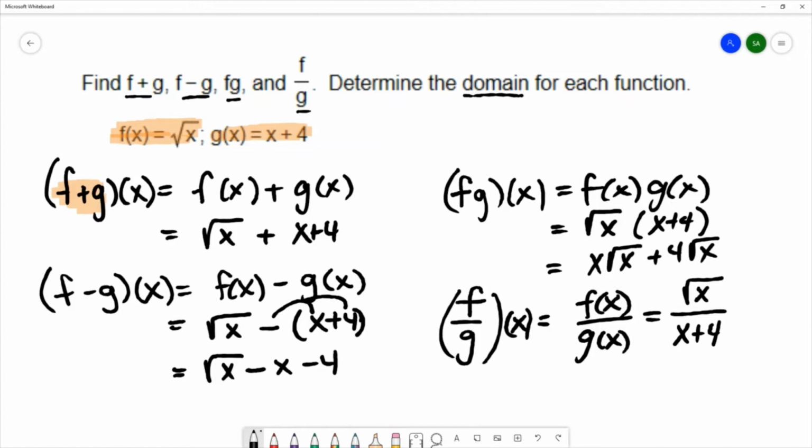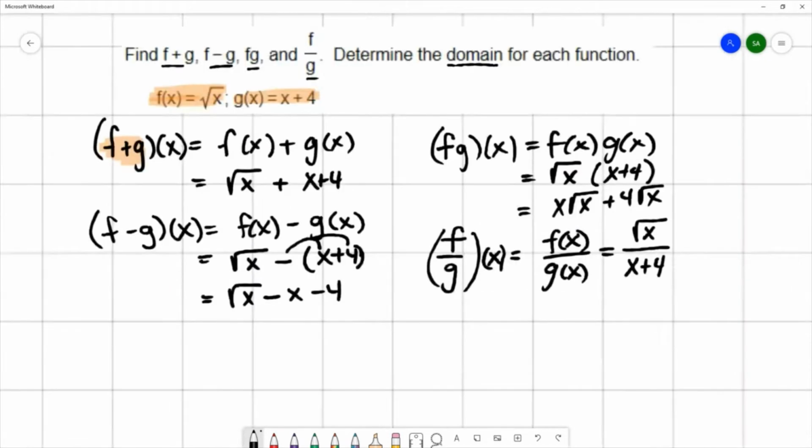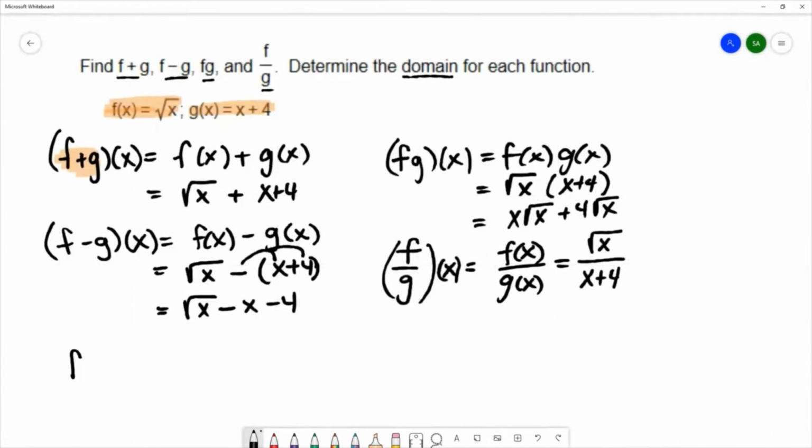In order to find the domain of the combined function, we have to know the domain of the individual functions. So let's start off with f of x. f of x is equal to the square root of x. Well, I would put that in the category of an even root function.